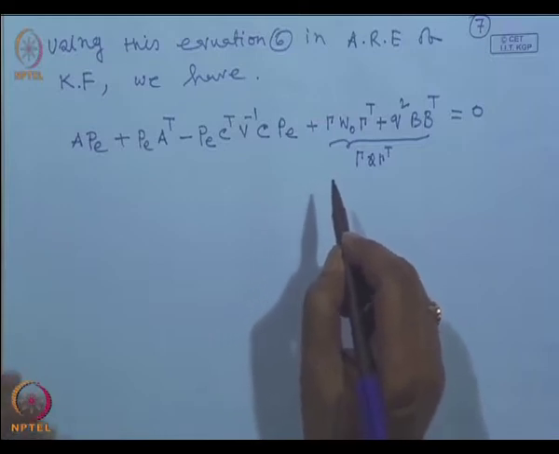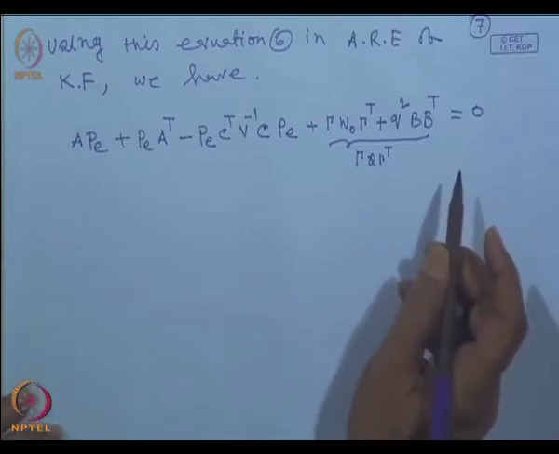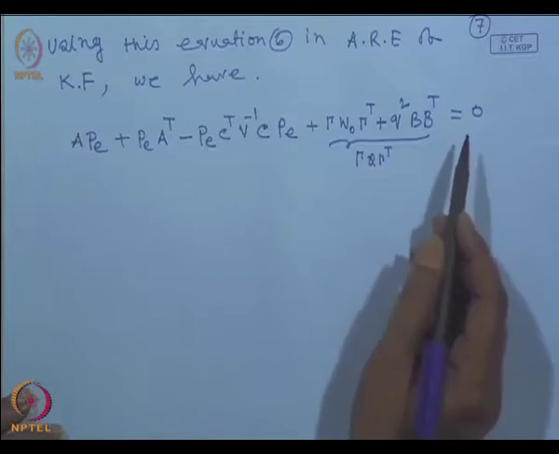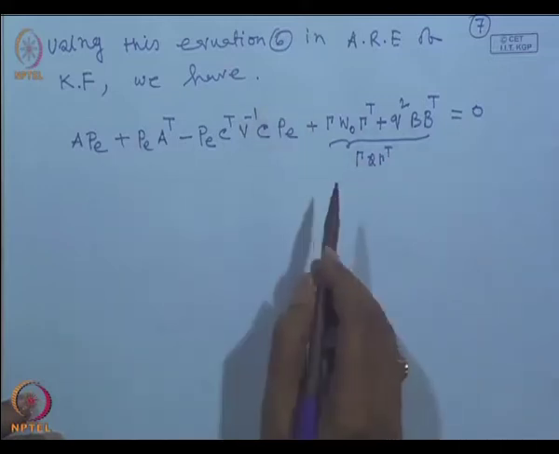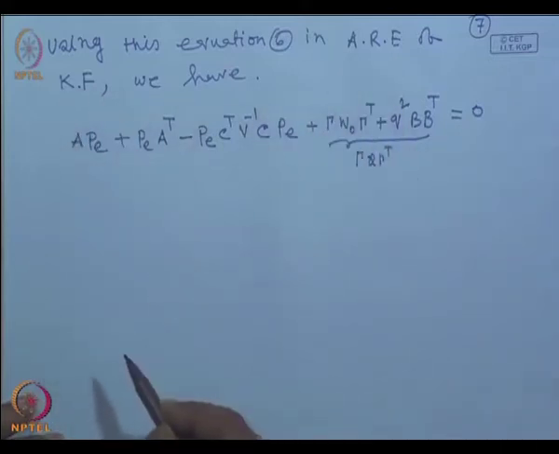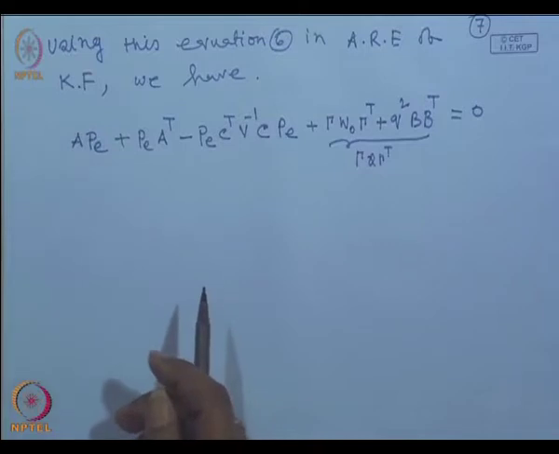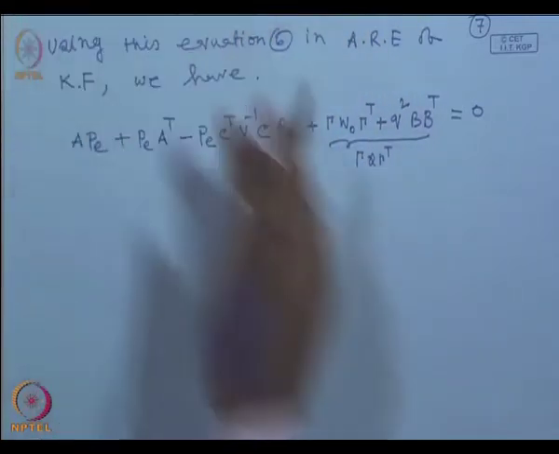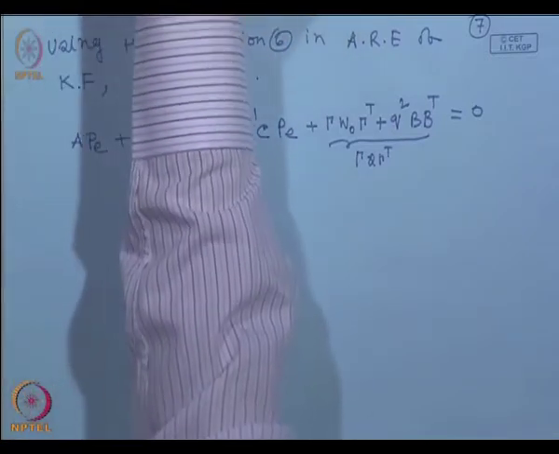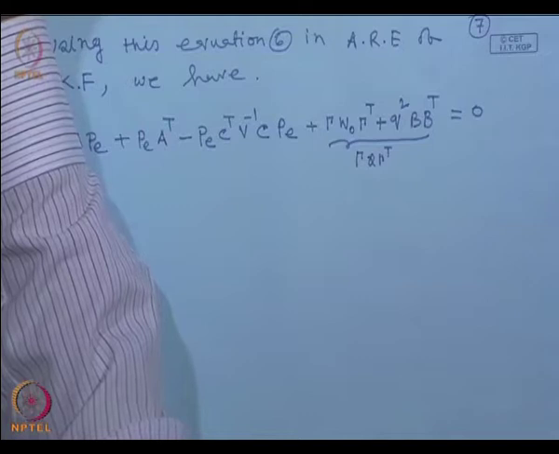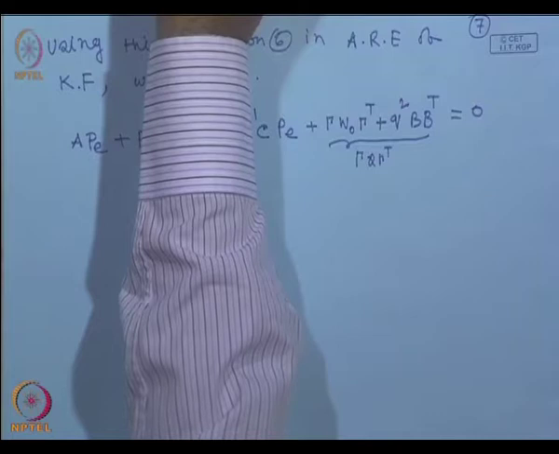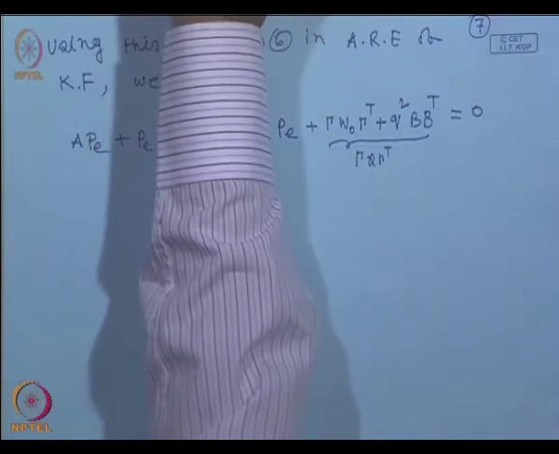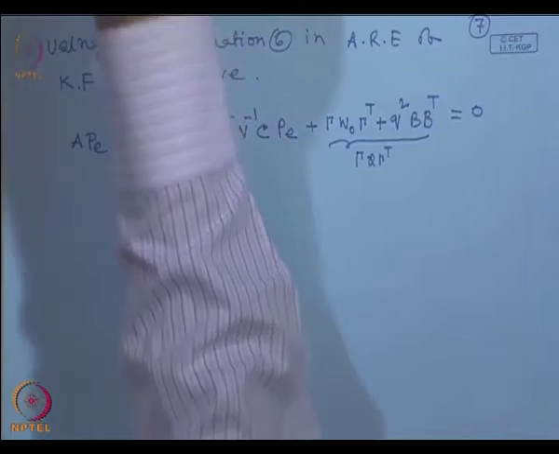So, this is the algebraic Riccati equation for the Kalman filter. Let us see what we have considered, Q or W. I am not able to recollect. Let us see in the algebraic Riccati equation of the Kalman filter the noise covariance matrix that we considered.